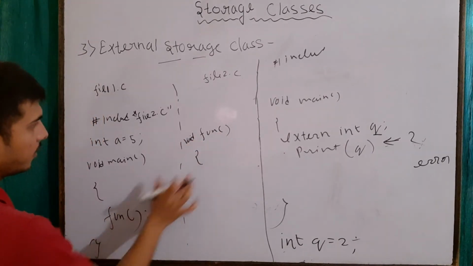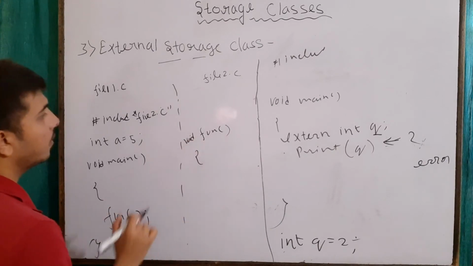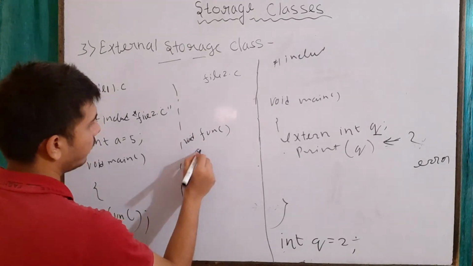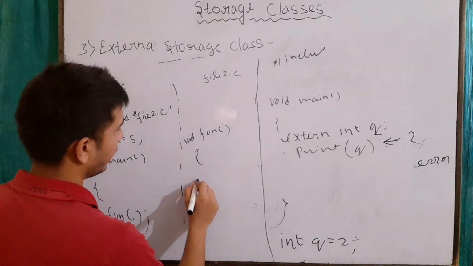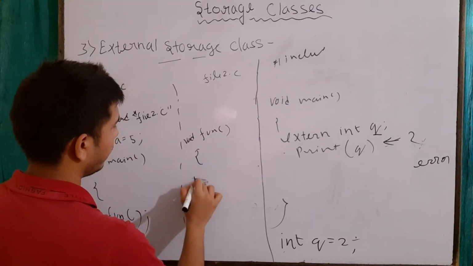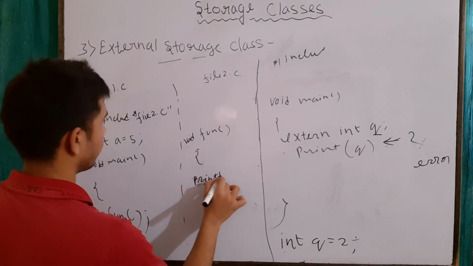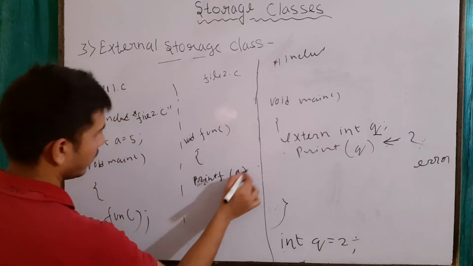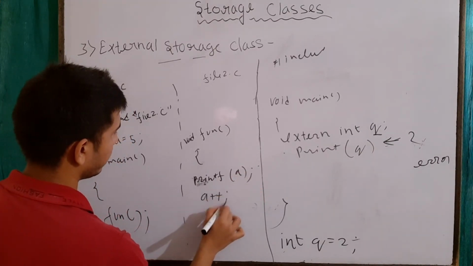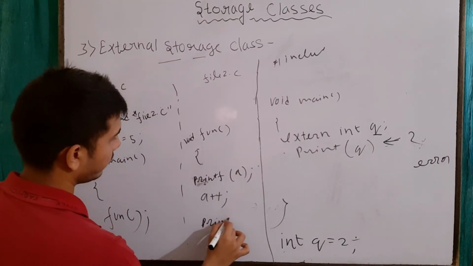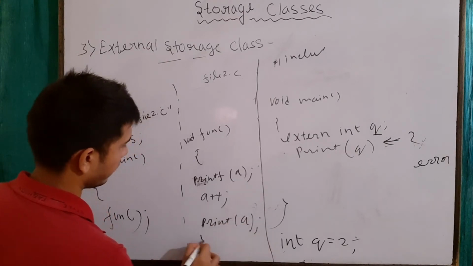I'm defining this, the definition is given in this file. Void fun, and I'm writing here printf of a and doing a plus plus, and also doing printf of a again.